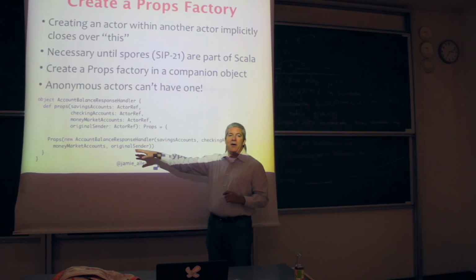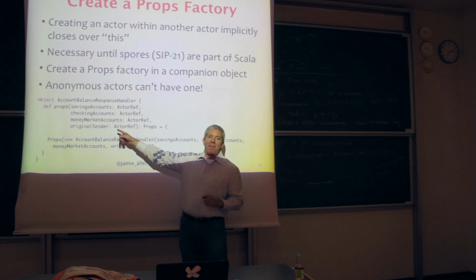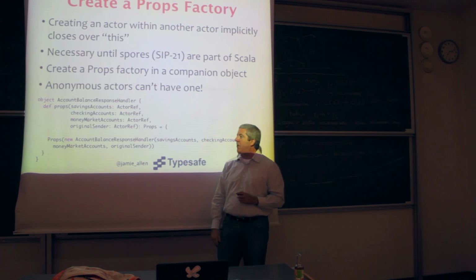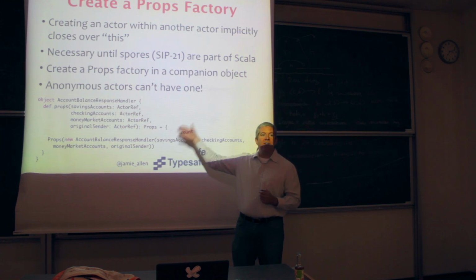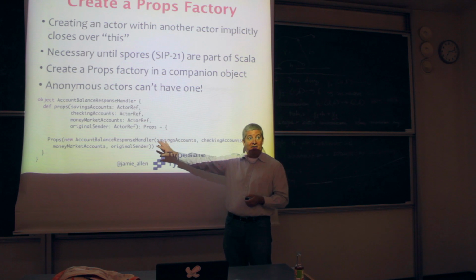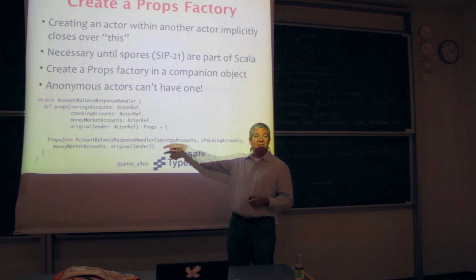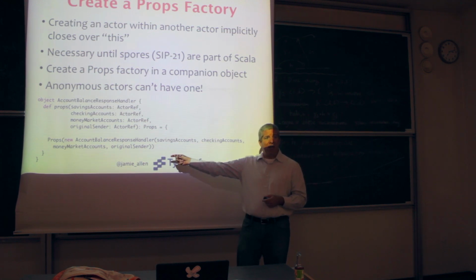So what we're doing here is by having an object, we have a props method with all the things we need to create an instance of our account balance response handler. And we create it inside of this object, which is okay because the this that is going to be referenced is this object. And there should be no concurrency or weirdness inside of the object, right? If you're doing concurrent stuff inside of an object, you've got bigger problems than Akka.